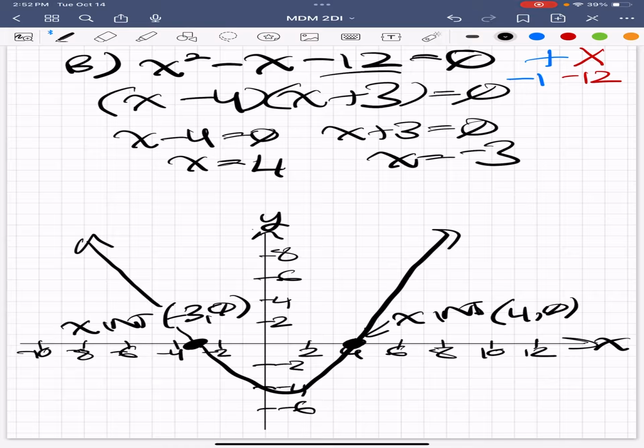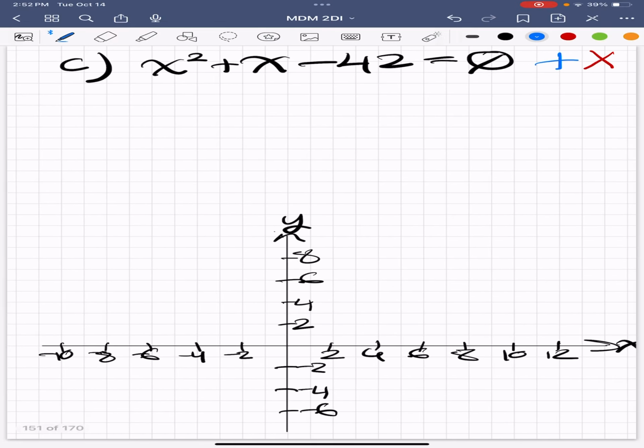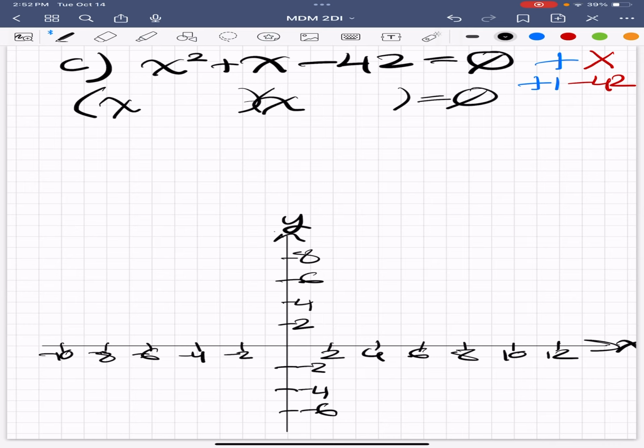Again, a negative 12 is the y-intercept, but we'll just graph that for now. Okay, so we need two factors that add to positive 1 and multiply to negative 42. So we get our brackets ready, equals to 0. We need x and x to multiply to x to the power of 2.